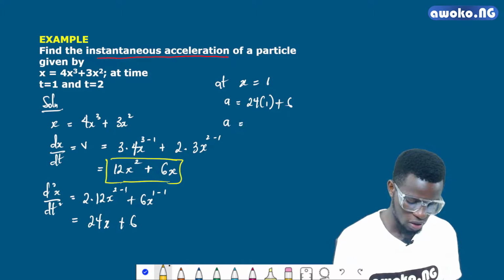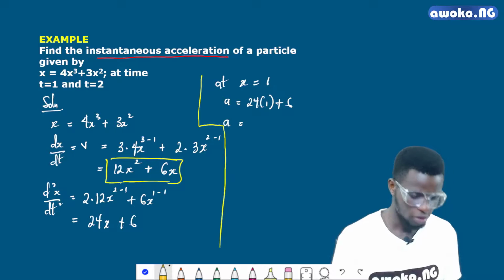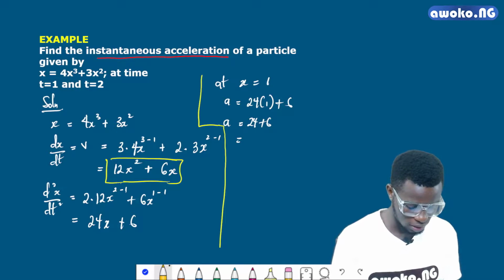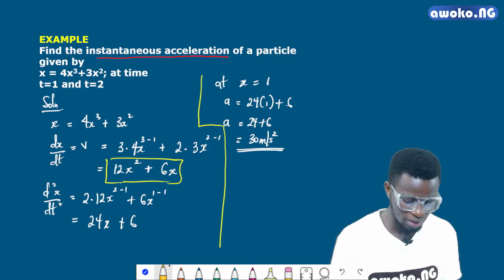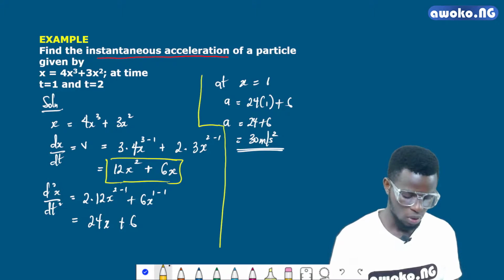So a will be equal to 24 plus 6, and 24 plus 6 is 30 meters per second squared. Remember, it is acceleration, okay? 30 meters per second squared.